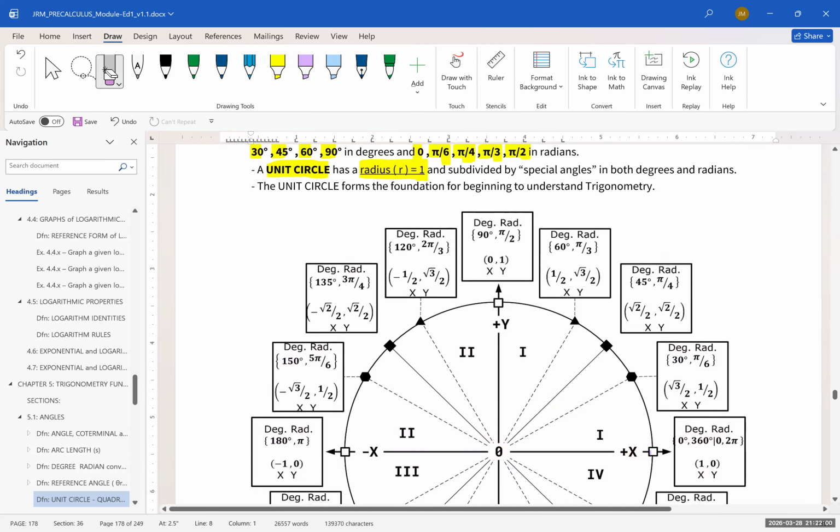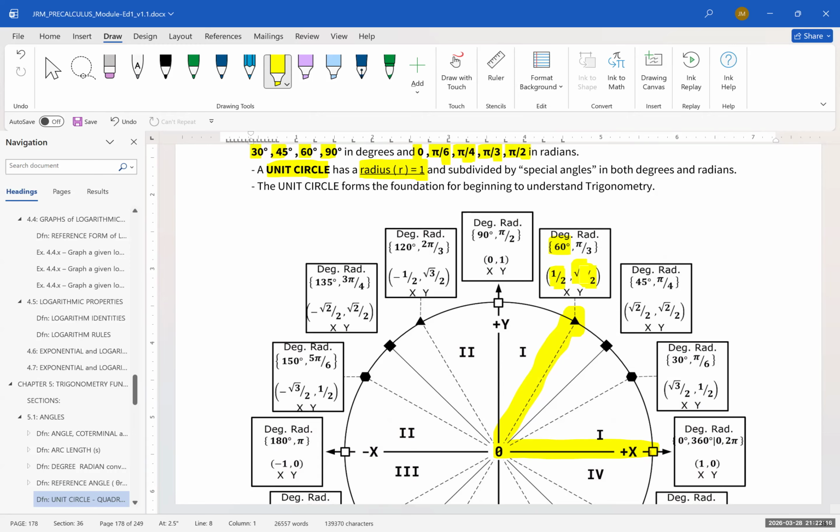Well, let's take a look. You remember in a previous example, I showed one angle was 60 degrees, and the coordinates at this point on the unit circle were 1/2, square root of 3 over 2. And then we had a second angle, which was 120 degrees, and it too had 1/2, square root of 3 over 2.